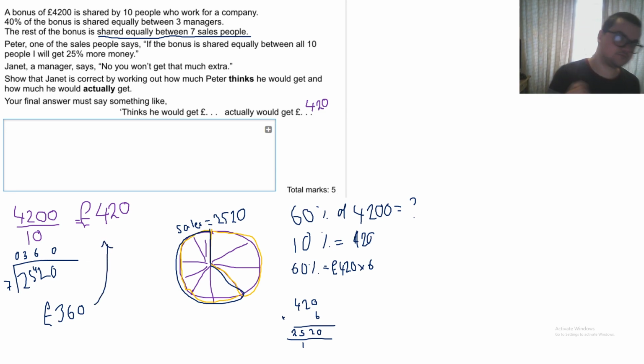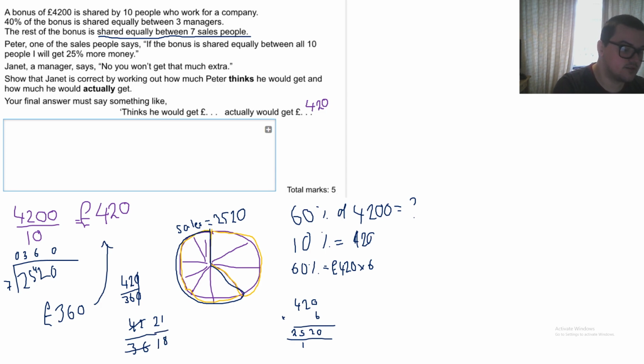We want to know how much of an increase this is, because he says, I will get 25% more money. To find how much of an increase this is, we divide the top by the bottom. 420 divided by 360. We can cross out the zeros for a starter, and divide both sides by 2, as they are even numbers. 21 over 18.